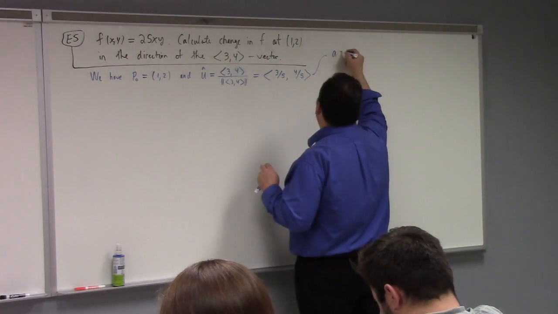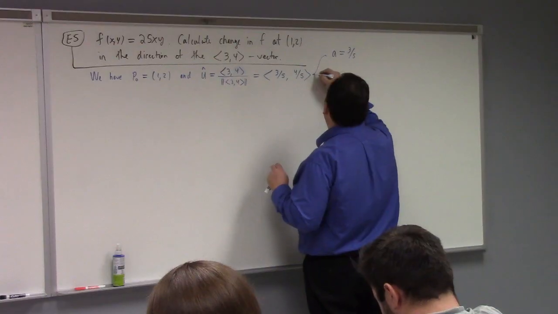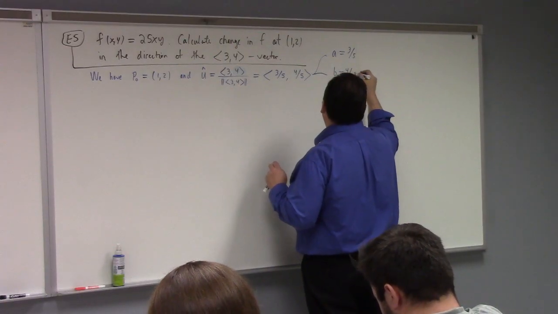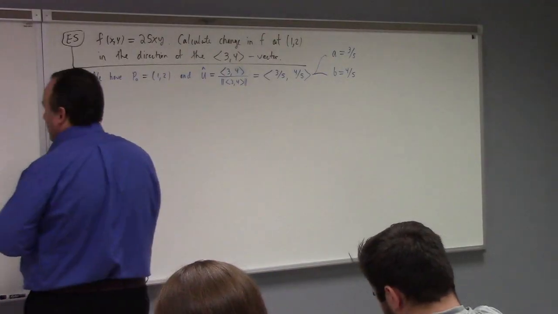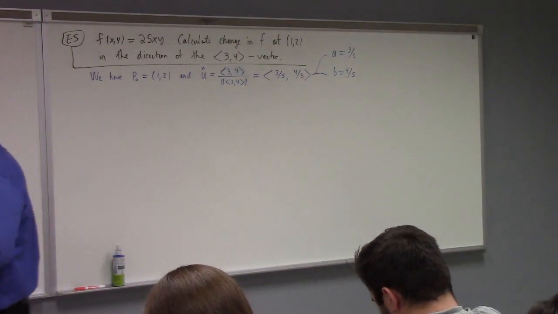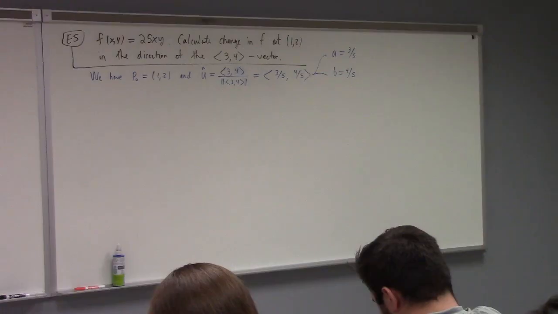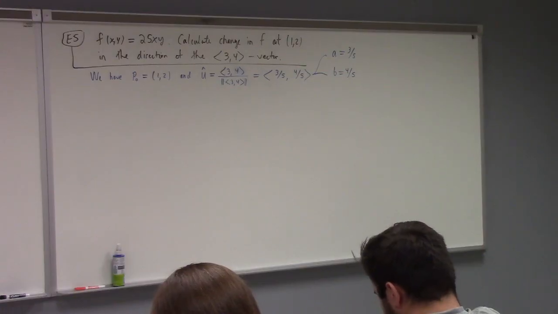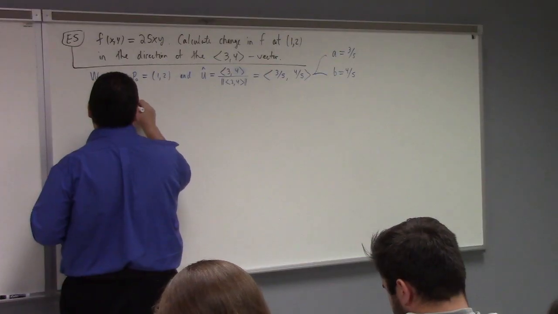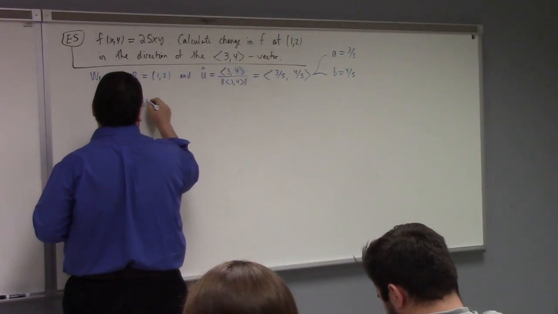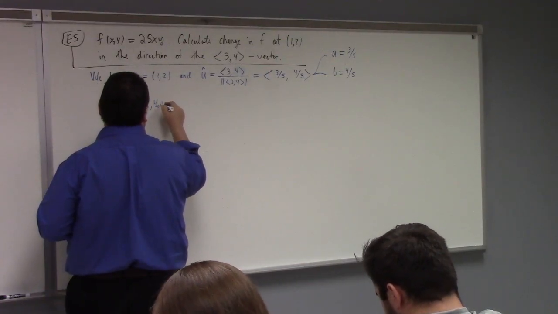So we have a equals 3/5 and b equals 4/5 in my current lexicon. In order to calculate the directional derivative, we need to actually calculate f of x naught plus at, comma, y naught plus bt.